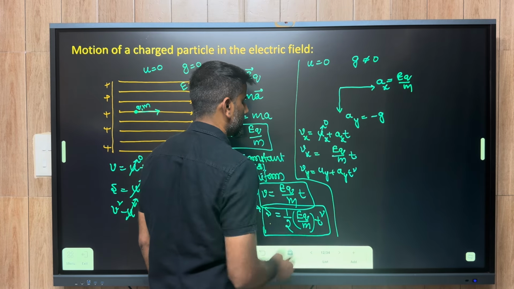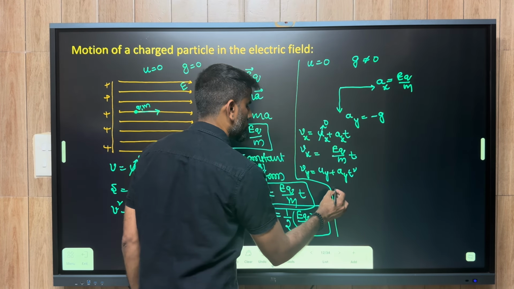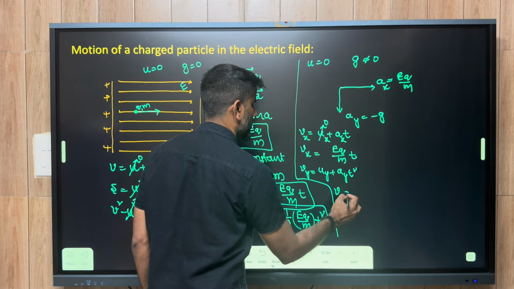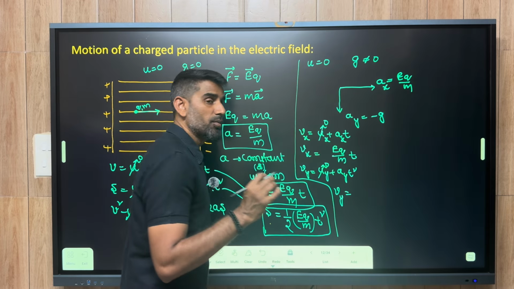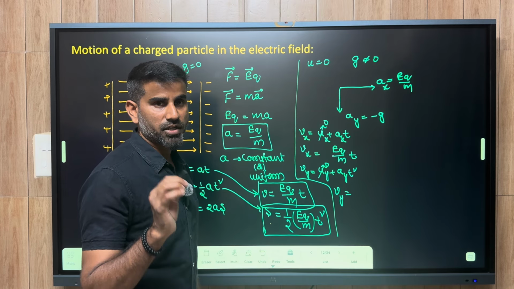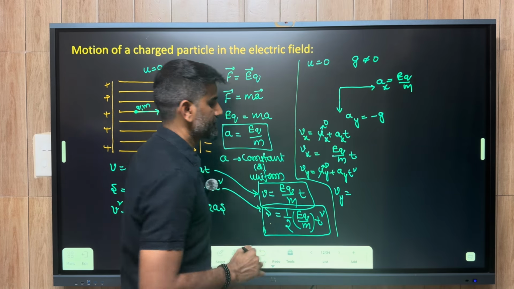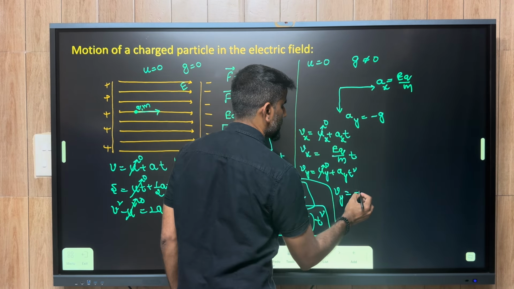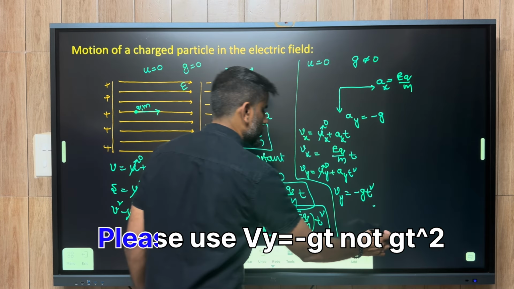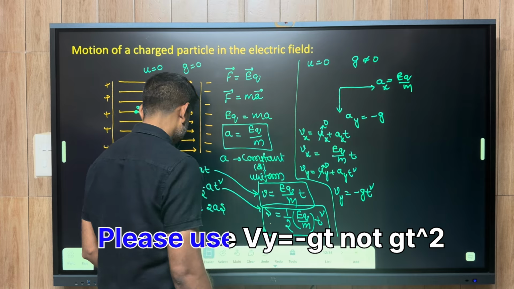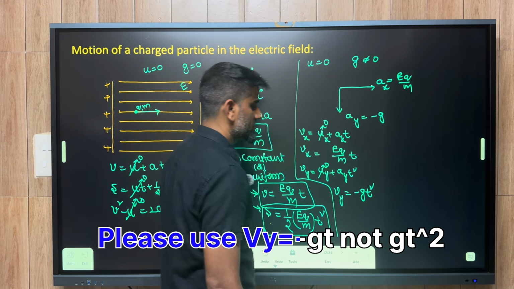Vy is how much? We don't know. We are going to find it out after some time t. Uy is again 0 because the particle is left at rest. Now ay t is nothing but minus g t, so vy is equal to minus g t.